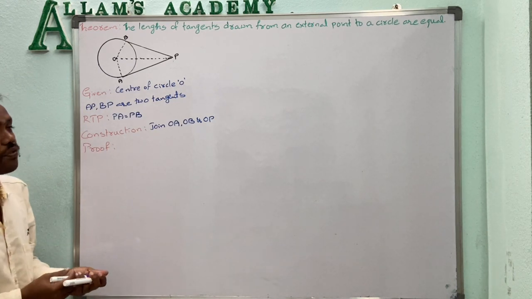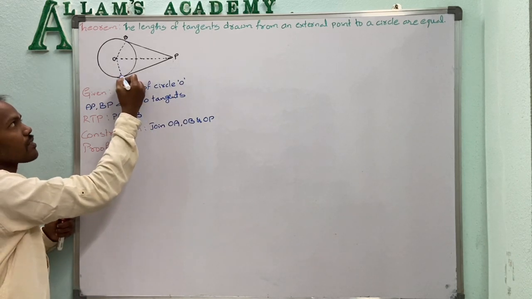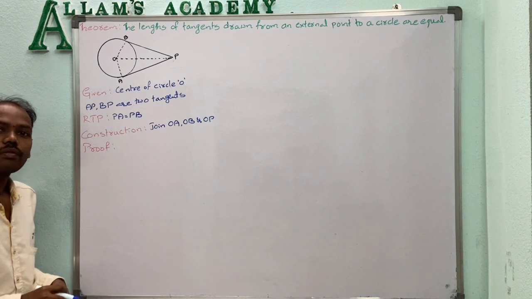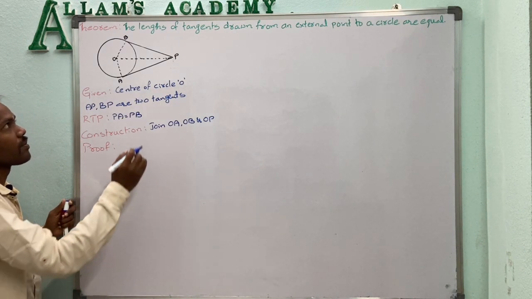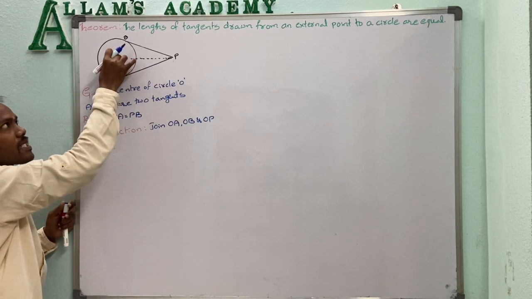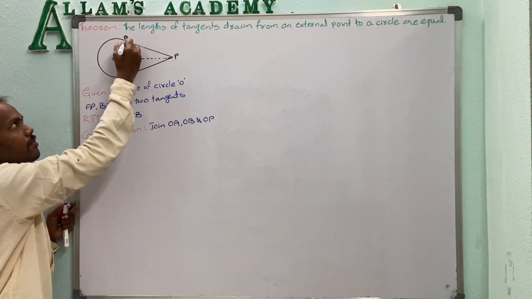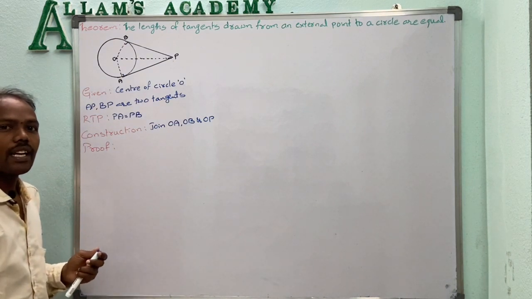Now here if we observe, we form two triangles, OAP and OBP. We already discussed that the line drawn from the center to the tangent is perpendicular, which means angle A and angle B are 90 degrees.